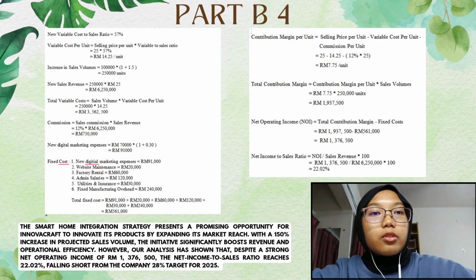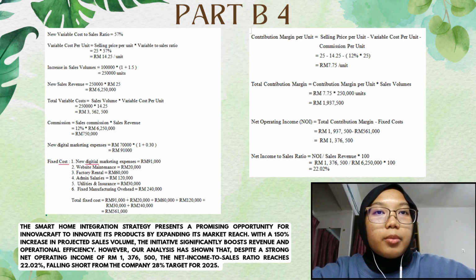Next, we calculate the contribution margin per unit, which tells us how much profit each unit brings after covering variable costs. The contribution margin per unit in this plan would be RM7.75, and the total contribution margin would be RM1,937,500.